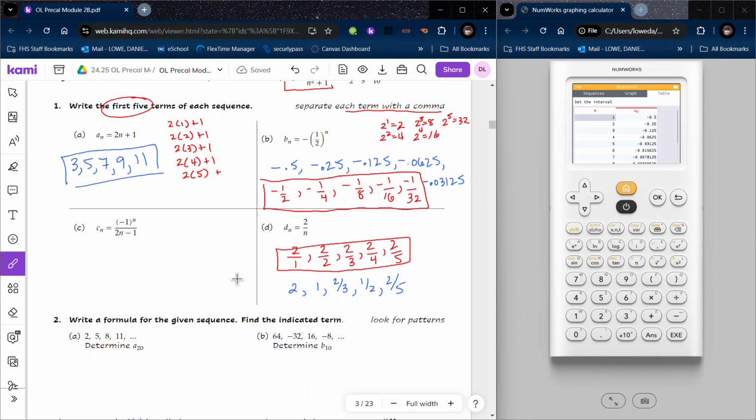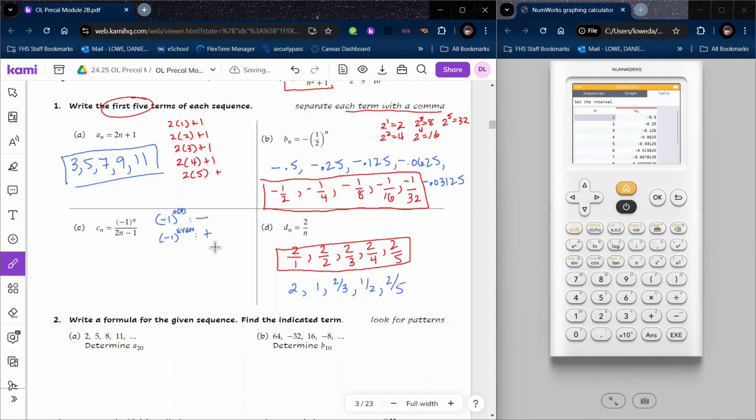Okay, let's look at the next one. We have negative 1 to the n over 2n minus 1. Remember that if I have a negative 1 to an odd power, it's going to be negative. But if I have a negative 1 to an even power, that's going to be positive, right?